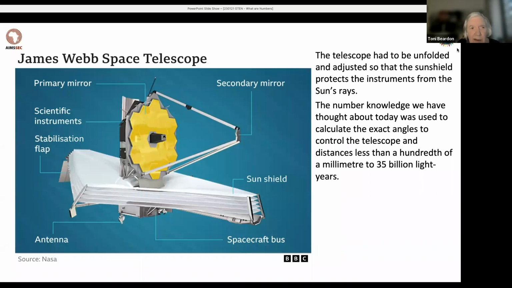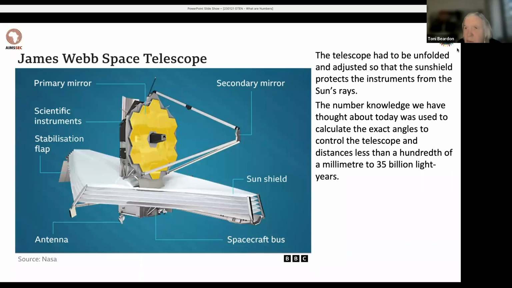They have to be adjusted so you get a perfect surface of the mirror there, which focuses the light on the secondary mirror, which you see on the right. It's labeled. So the primary mirror focuses the light on the secondary mirror, and then the instrumentation sends the pictures back to the Earth.